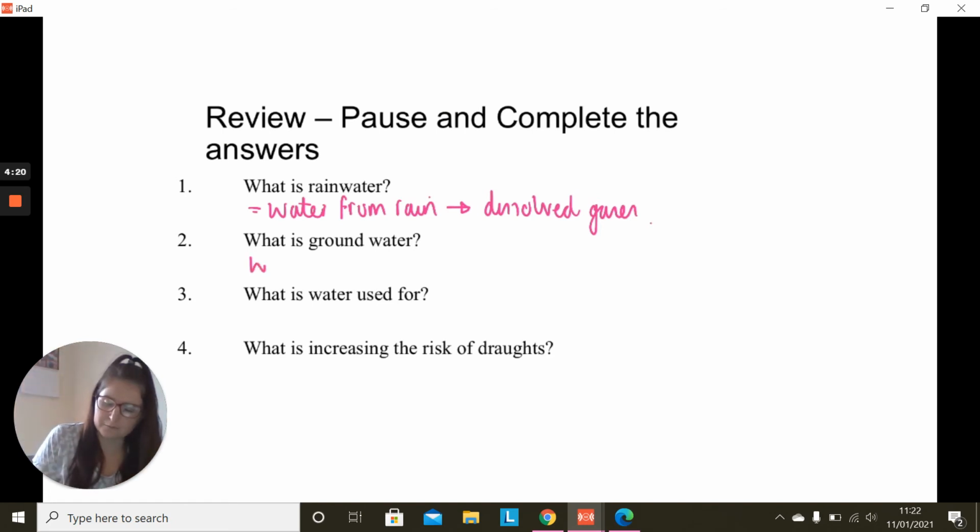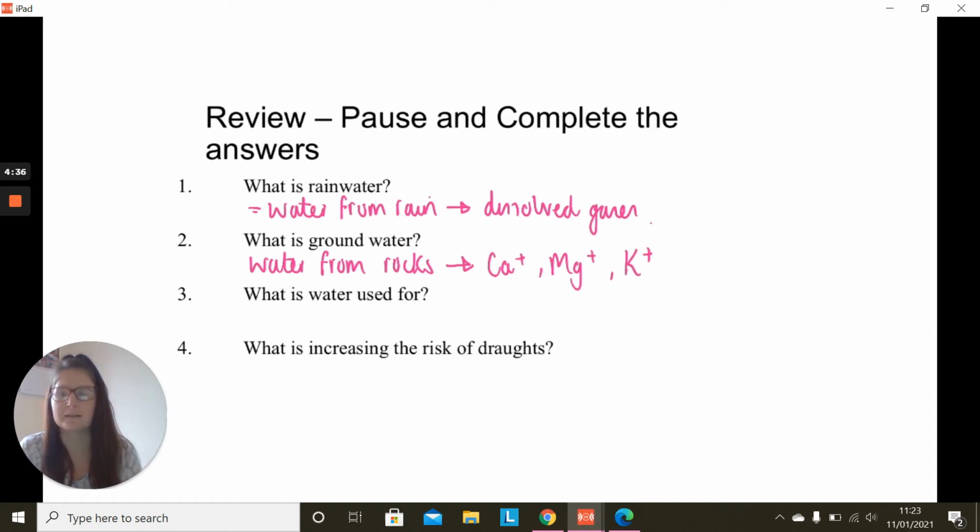It's water that's from rocks, so water that's gone through rocks, and it contains different chemicals like calcium, magnesium and potassium. What is water used for? It's used in industry and farming.